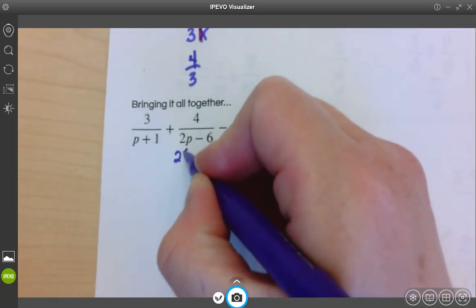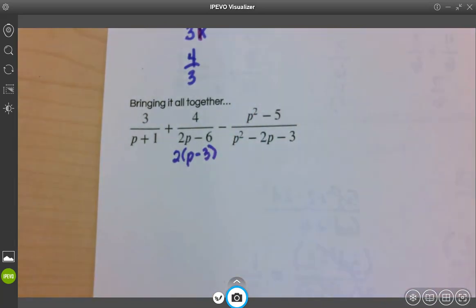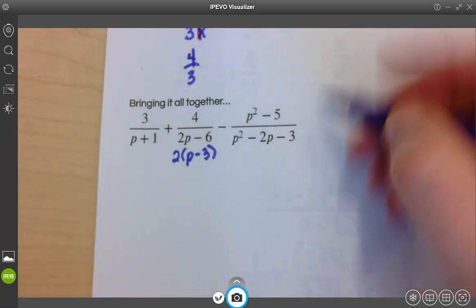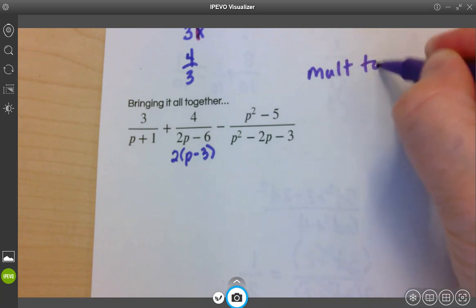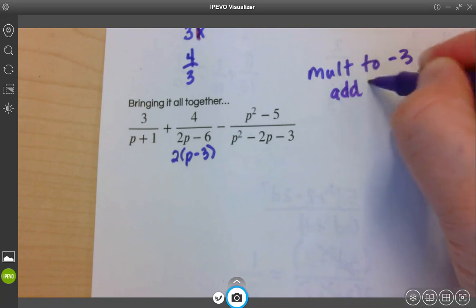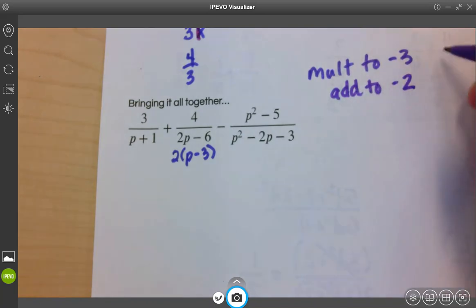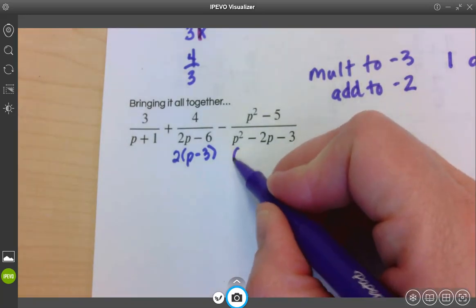So this is going to be 2 times p minus 3. All right, and now for this one, I need two numbers that multiply to make negative 3 and add to make negative 2. So 1 and 3, which one's going to be negative? Negative 1 and negative 3. Yeah, okay.